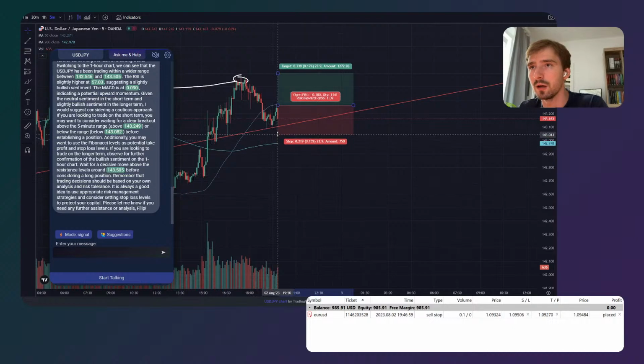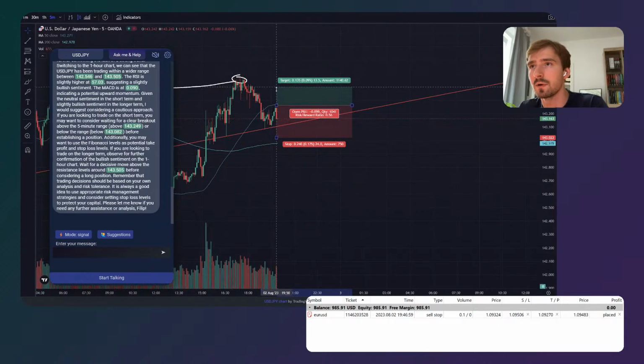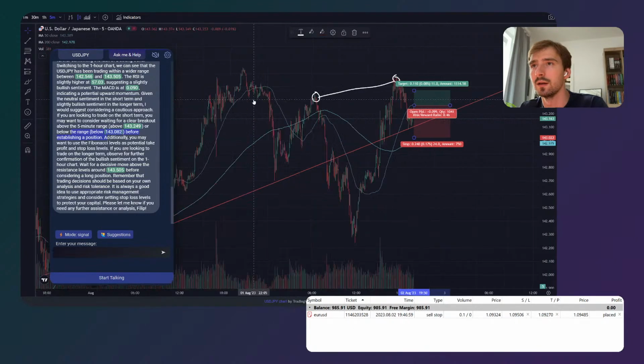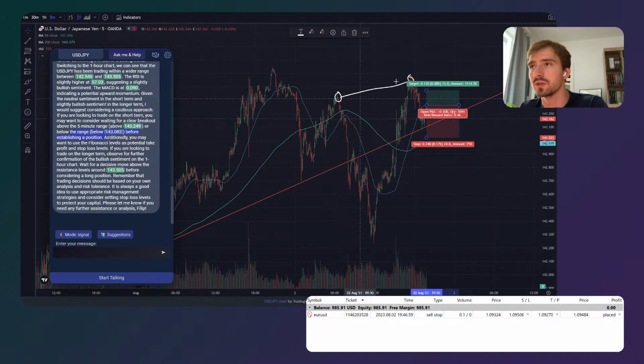Then for the stop loss, we could go just below this candle over here, so that would give us this one. As for the take profit, the AI is suggesting, oh, it's actually suggesting even a short trade. But we will stick with the long one because of the long-term scenario, and also the growing positions over here.